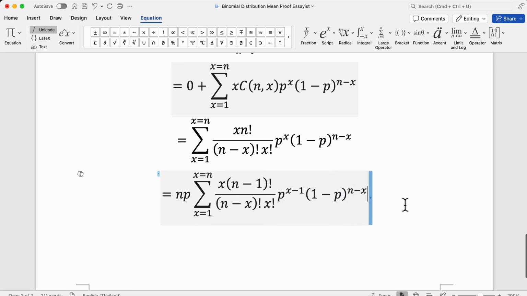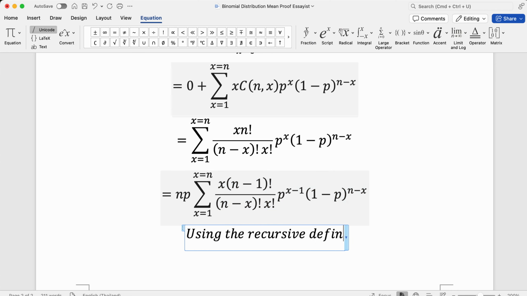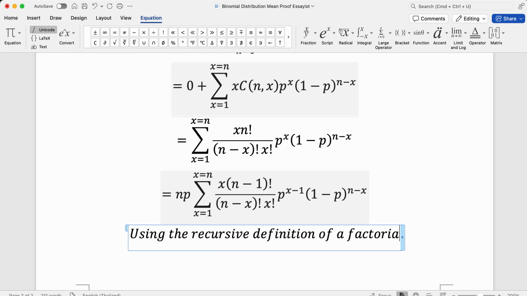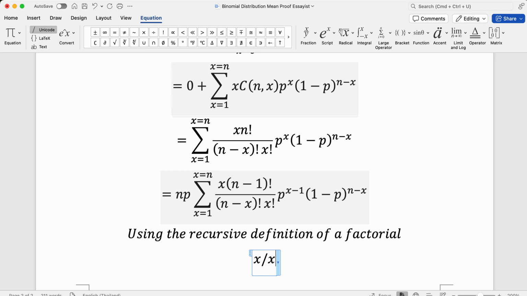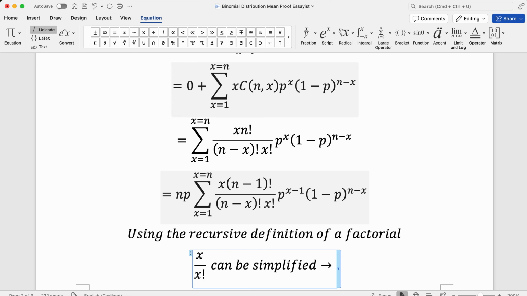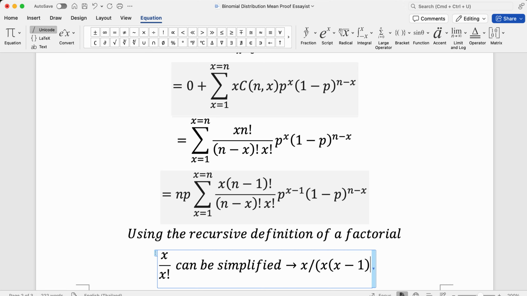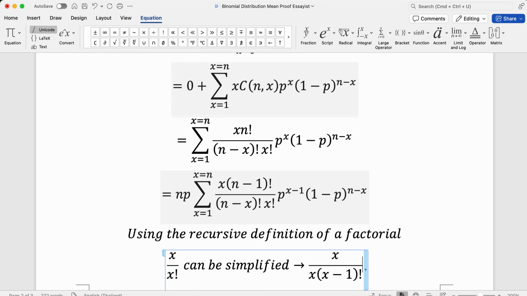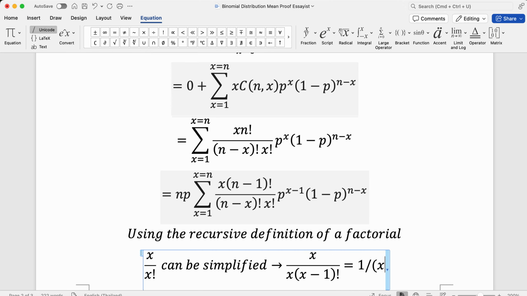Now, using the recursive definition of a factorial, x over x factorial can be simplified. In fact, it becomes x over x times x minus 1 factorial, which then just becomes 1 over x minus 1 factorial.